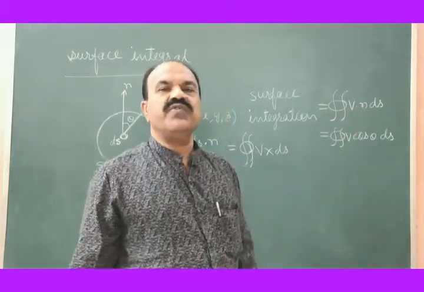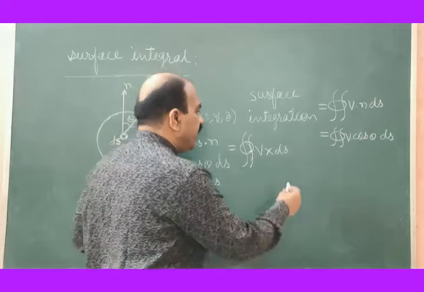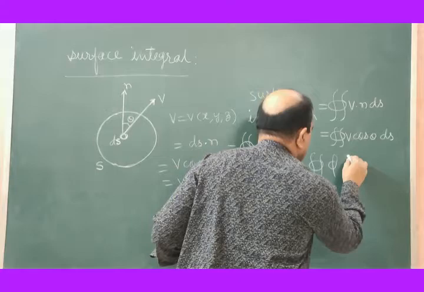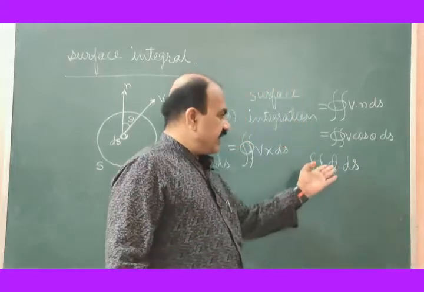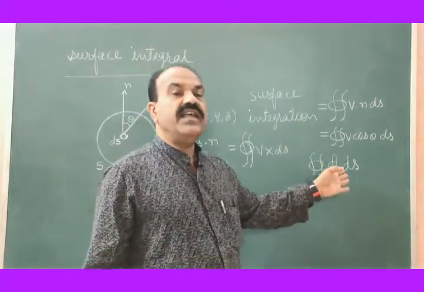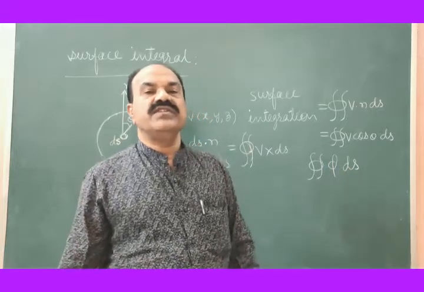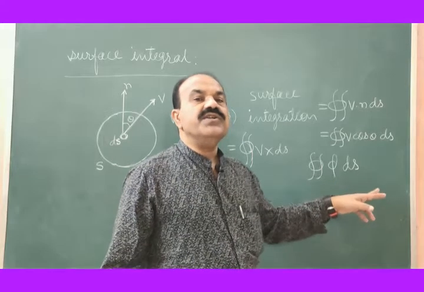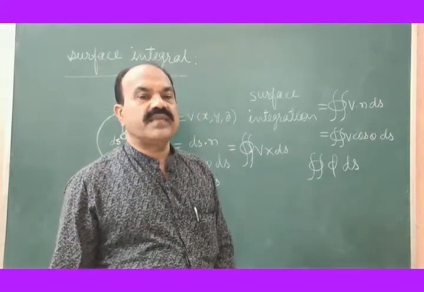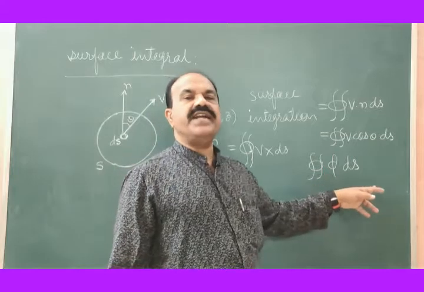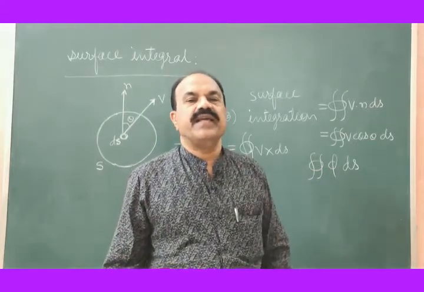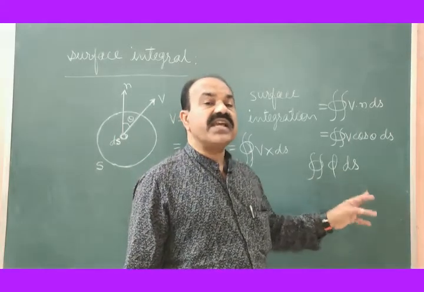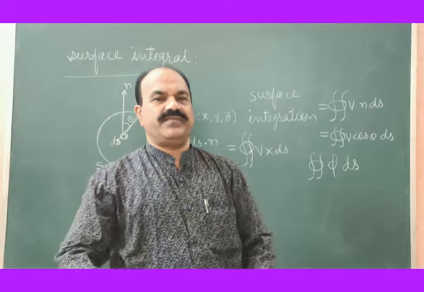The dot product of these two vectors is a scalar, and therefore phi is the scalar point function, ds the smallest surface element. Double integration over this phi ds will give us the surface integration of a scalar point function if it is carried out in the scalar field.